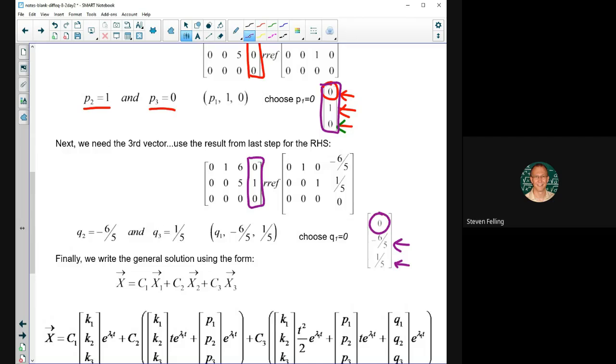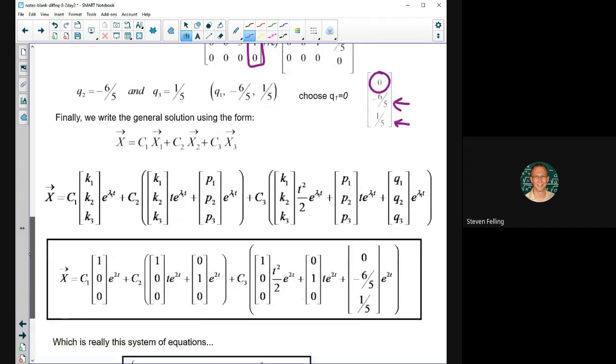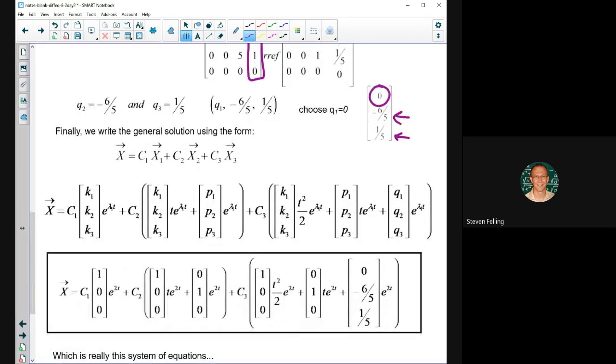All right. And then that means that for the solution, we're just going to use that form that's written directly. The first solution is C1 times our original vector 1, 0, 0, so C1 (1, 0, 0) e^(2t). For the second term, we're going to use the one we just saw in the two-dimensional case, which uses the p vector.